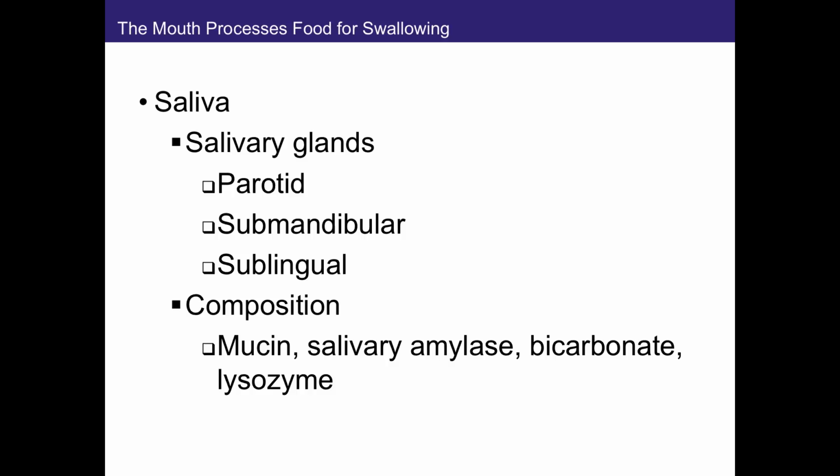They secrete various compositions of mucus, salivary amylase, bicarbonate, and already an antimicrobial called lysozyme. Okay, so you guys remember what amylase is? Amylase is an enzyme that starts to break down carbohydrates. So this is an enzyme that breaks down carbohydrates.